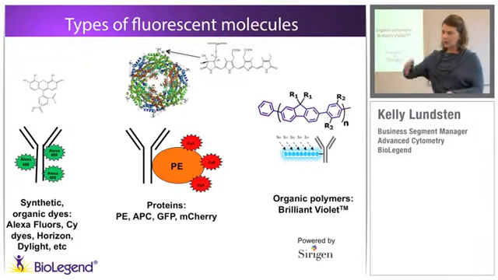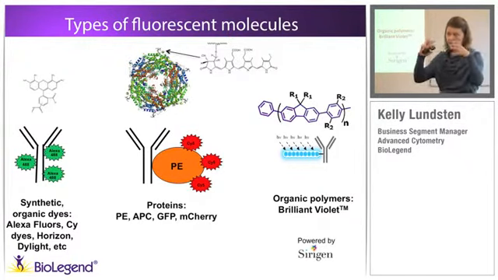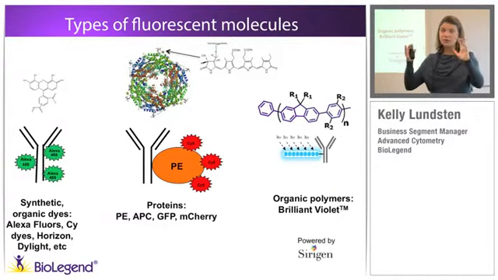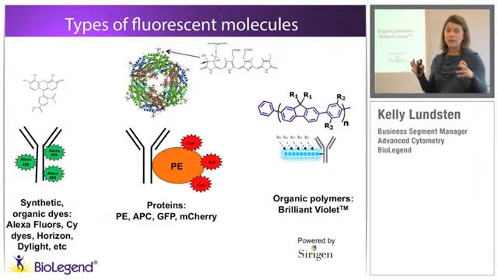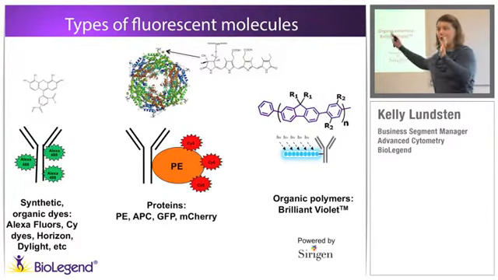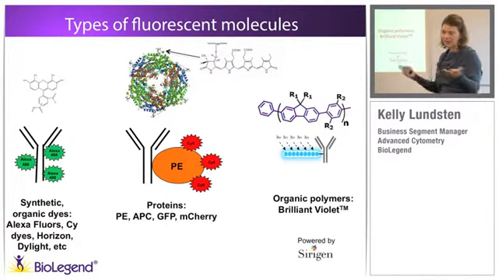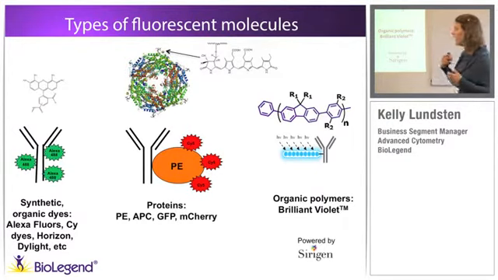So if you're exciting with a higher energy, shorter wavelength, these molecules absorb that energy, jump to their excited state, but then they start to vibrate and lose some of that energy to their environment because it's not a closed system. And in doing that, they transition to a longer, lower energy wavelength. That is the emission that we're detecting. And that Stokes shift is extremely important.